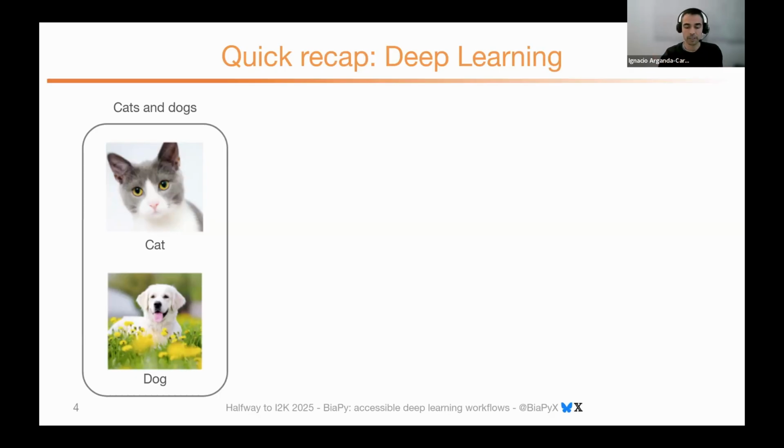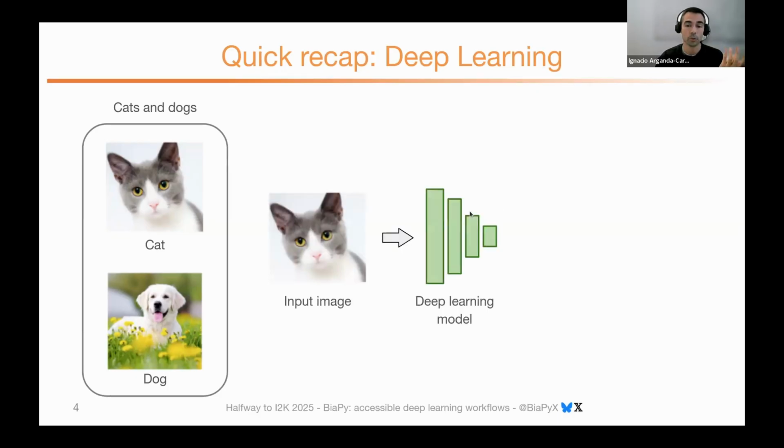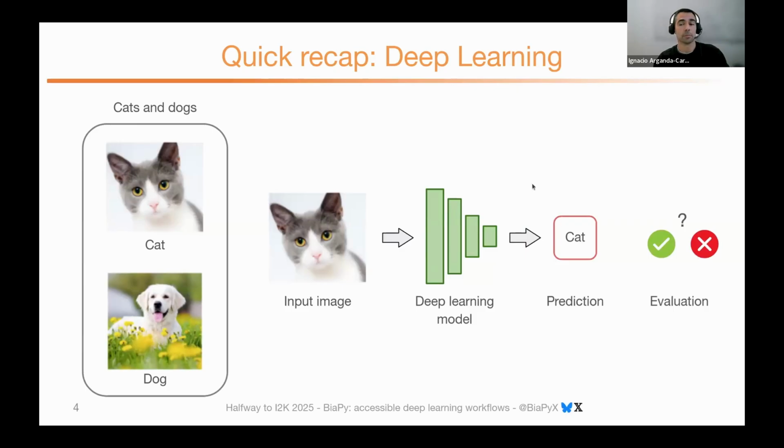So basically what we do is that we show an input image to our deep learning model, and with some operations that we're not going to define now, the model spits out a prediction about the main content of the image, if it is a cat or if it is a dog. And then there's a step of evaluation.